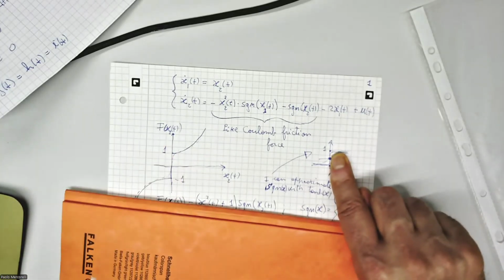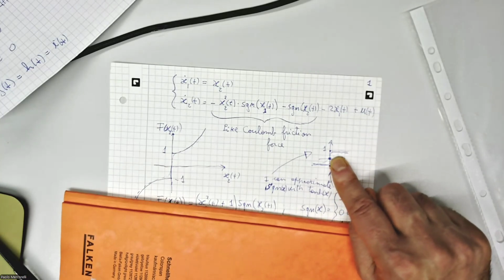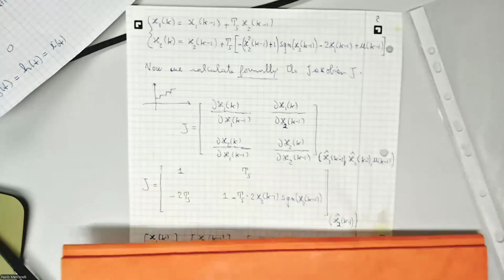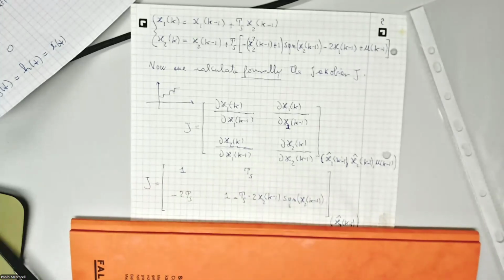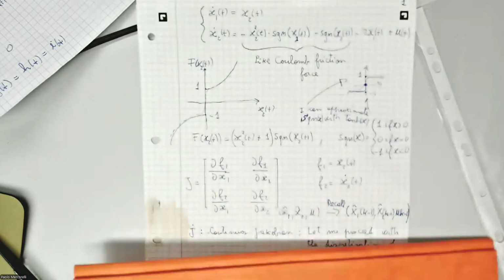And here, for x2 equals 0, the derivative is not defined, because the function is not continuous. Of course, this is an approximation, because at the point where we have the change, the Jacobian does not reflect what I wrote here mathematically.